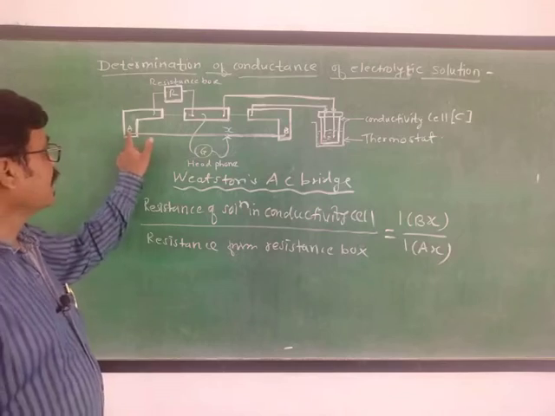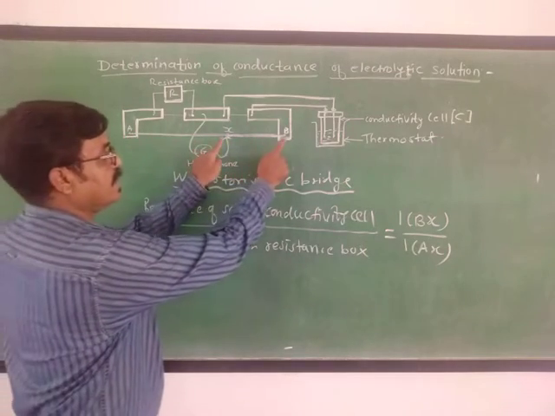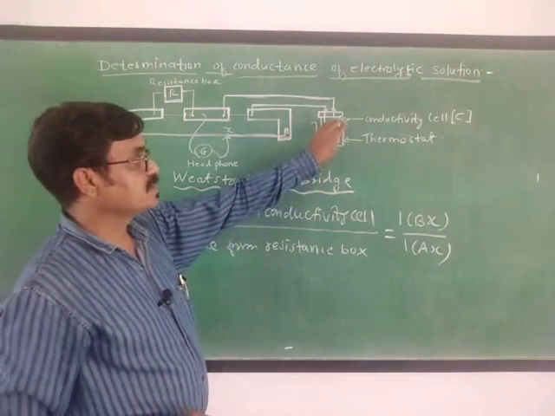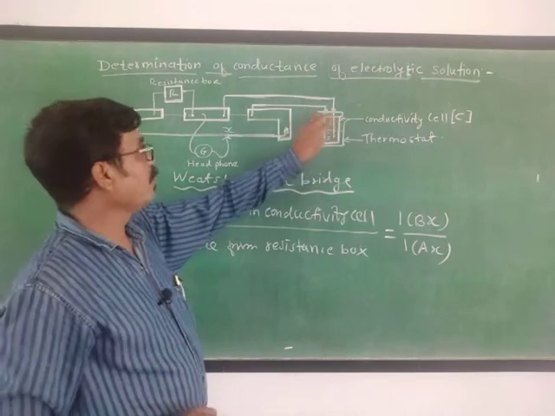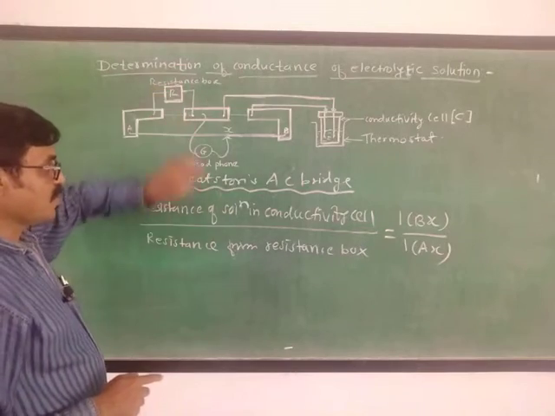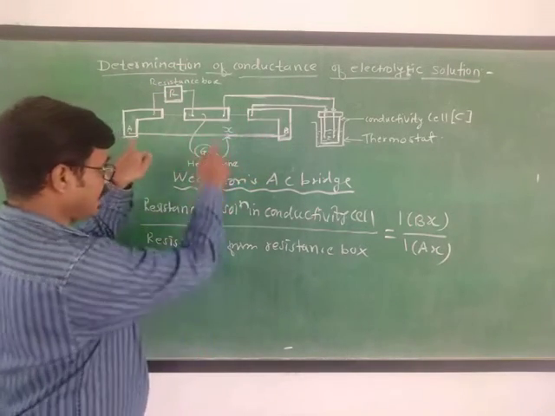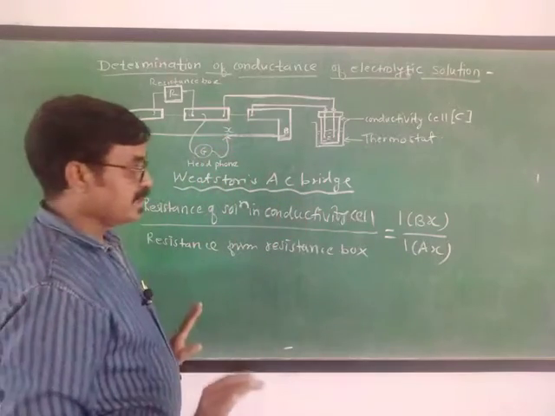Here this is the length AX, this is the length BX. Okay, so the resistance of the conductivity cell upon the resistance from this resistance box is equal to length BX upon length AX.